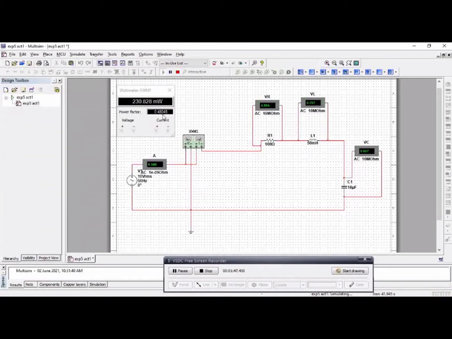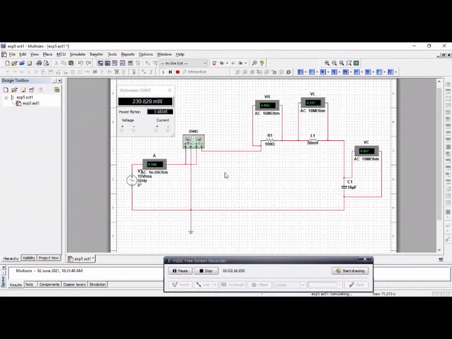to calculate the reactive power. For how we calculate it: the power factor equals cos theta. From the cos theta we find the theta, and then we use the formula reactive power over active power equals tan theta.